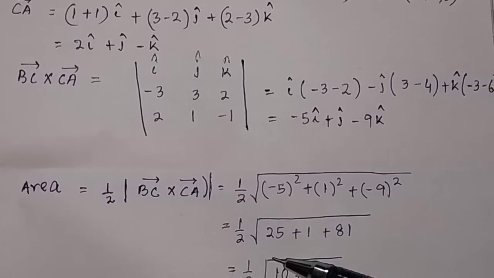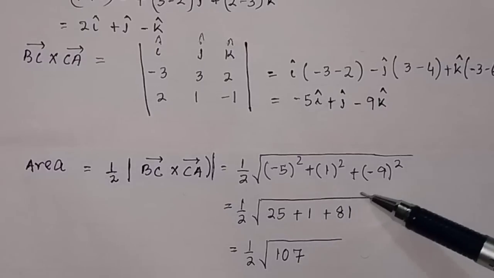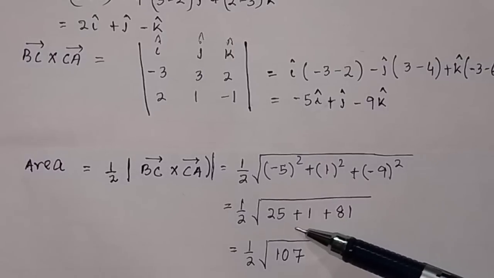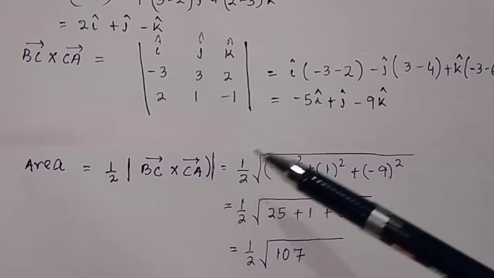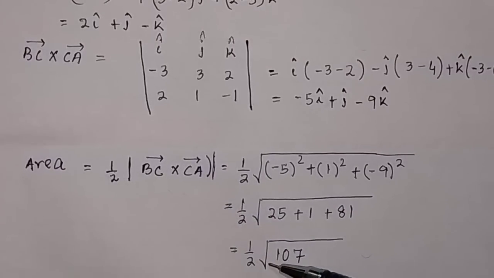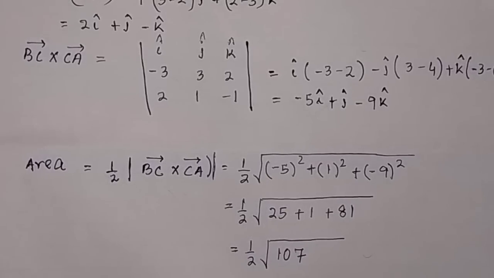Minus 5 square is equal to 25, plus 1, plus 9 square is equal to 81. 81 plus 1 plus 25, 107. So square root of 107. So the area of the given triangle will be equal to half of square root of 107. So in this way you can find out the area of a triangle if three coordinates are given.